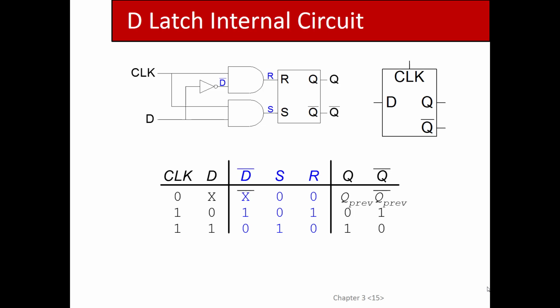If clock is 1, then D will be passed directly out to Q. So if D is 0, Q is 0. If D is 1, Q is 1, right? And then of course Q prime is the inverse of whatever Q is. So that's a latch. Turns out no one uses latches.